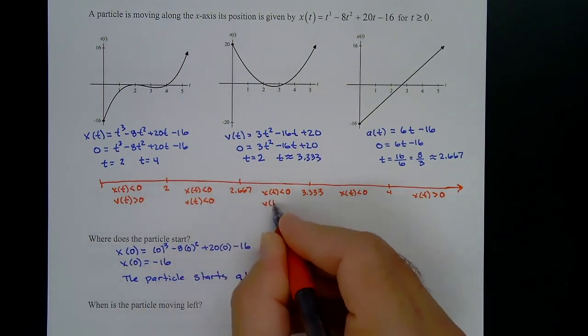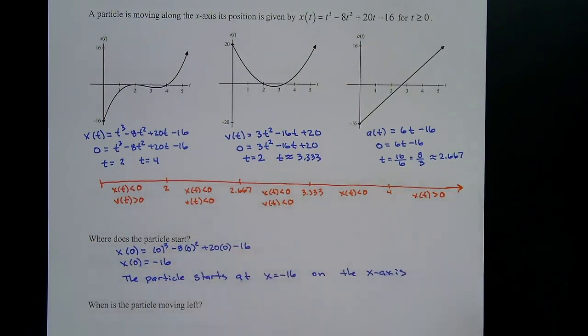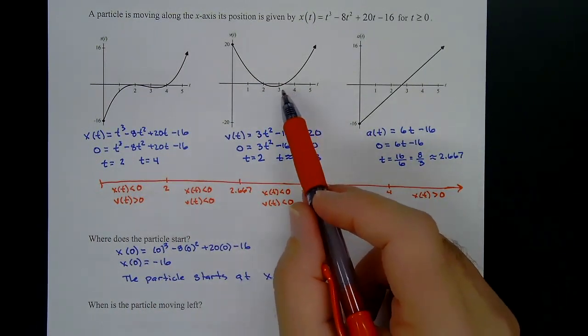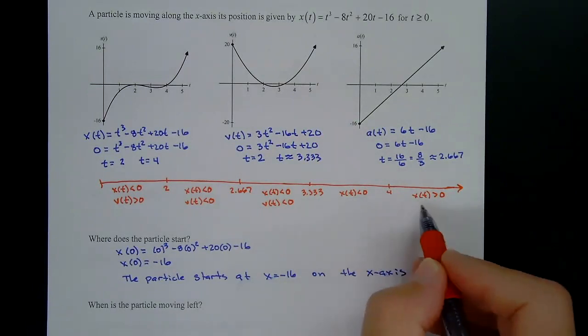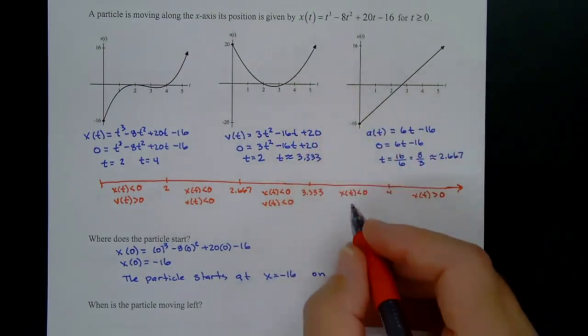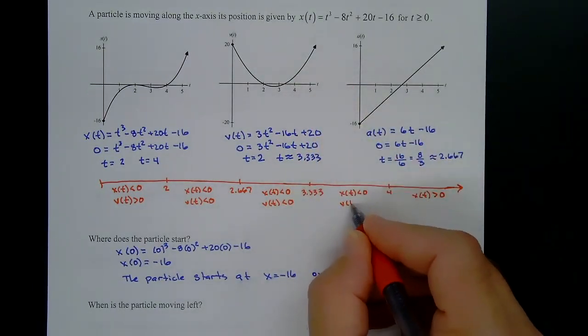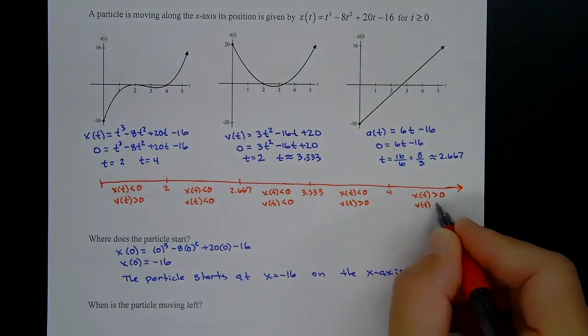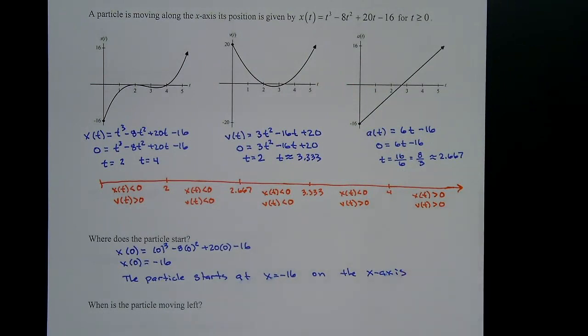And then from 3.333 on, so these two intervals, the velocity is going to be positive. So v of t is greater than 0.